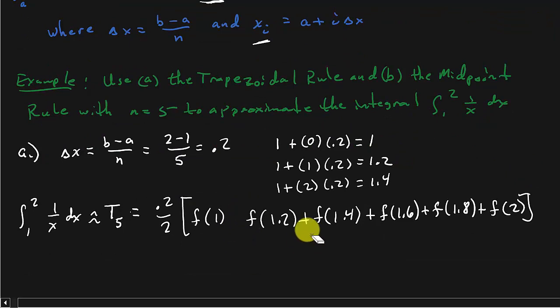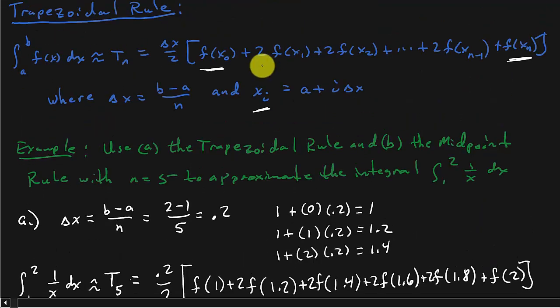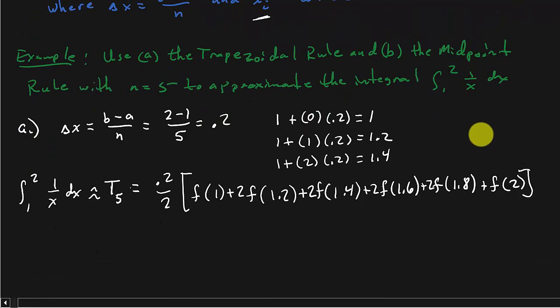I was worried about getting everything on one line and forgot: we have to do plus 2 times. Each one of the ones in between has to have 2 times the function. Don't forget that.